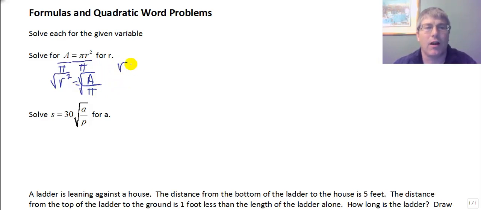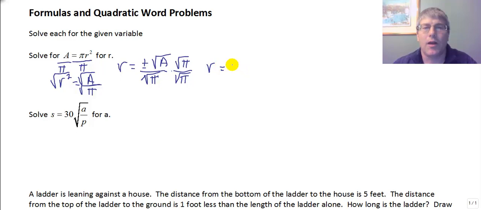And solving for our r, we get r equals plus or minus the square root of A, or the area, over the square root of pi. Well, we don't like square roots in the denominator. That's irrational. So we have to rationalize that and multiply by square root of pi over square root of pi.